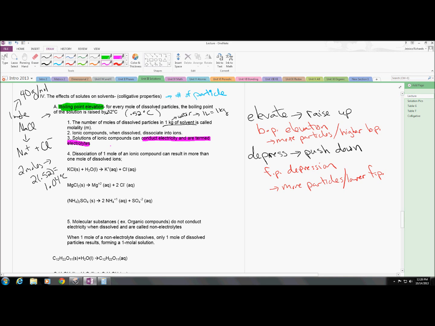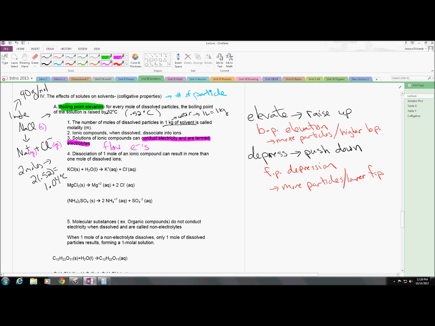Electricity is the flow of electrons, and electrons have a negative charge. So if you have a neutral substance, there's nothing to help push or pull the electrons through. So if I just have solid sodium chloride over here that's neutral, there's nothing to help move those electrons. But if I have my aqueous sodium chloride, where I have positive sodium ions, the positive sodium ions will attract the electrons because opposite charges attract.